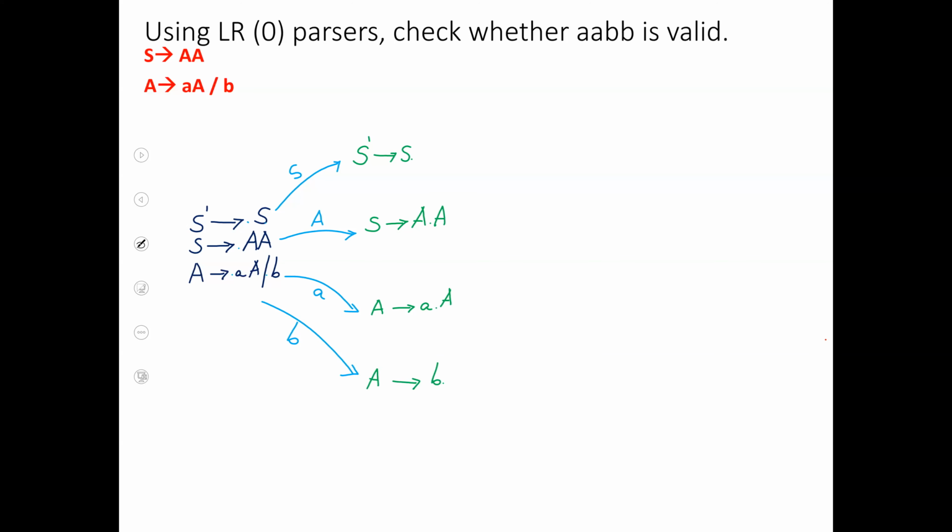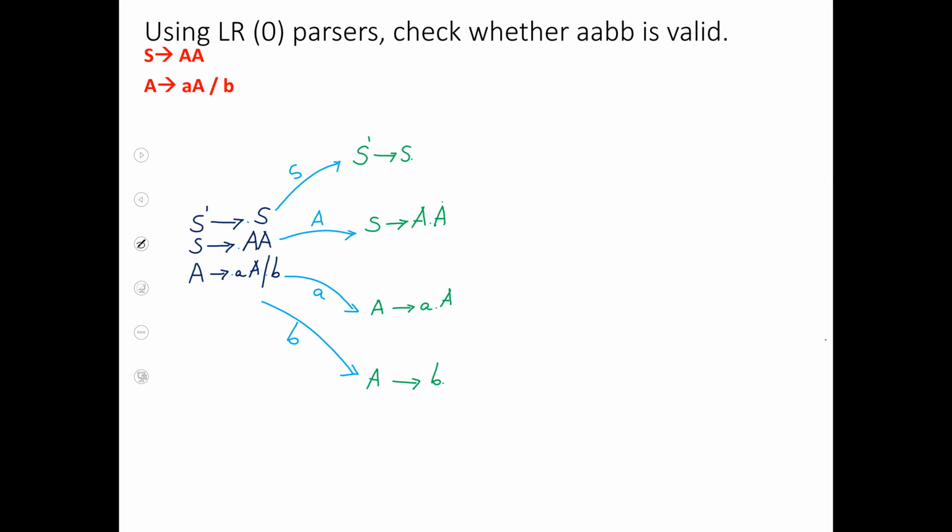Now look at the second case, S is A dot A, which means I have yet to encounter a capital A. Capital A is not a terminal. Capitals, as you all know, are all variables, which can be expanded into something else. So what can A be expanded to?